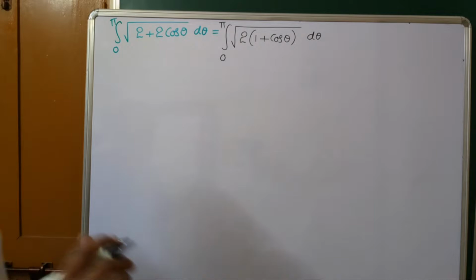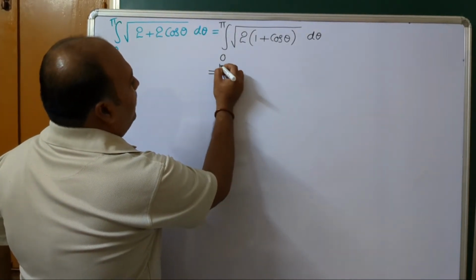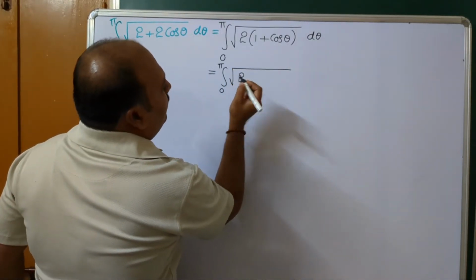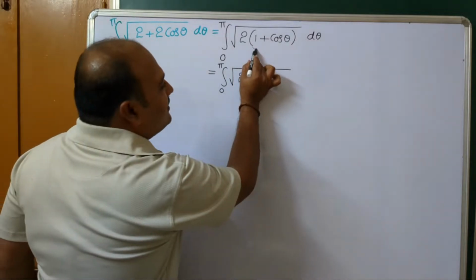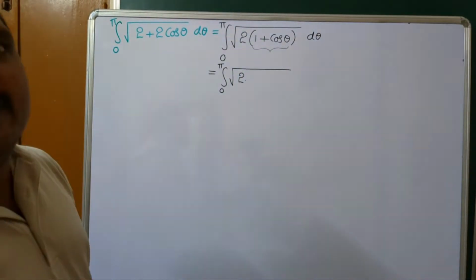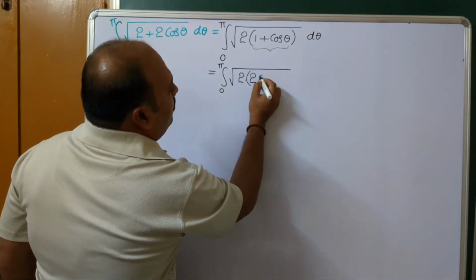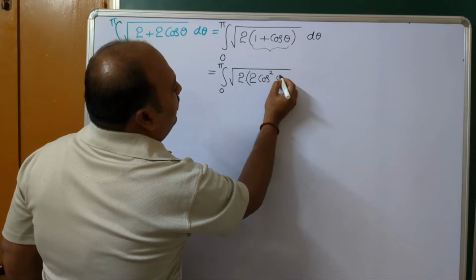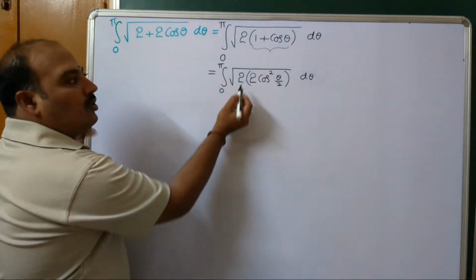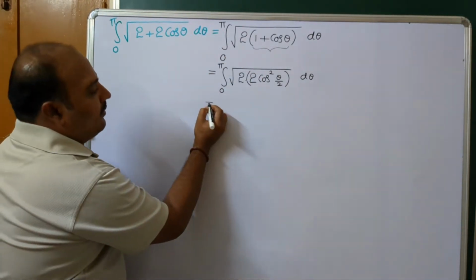Integral 0 to pi square root of 2 into 1 plus cos theta. The formula is 1 plus cos a equals 2 cos square a by 2, so 1 plus cos theta is 2 cos square theta by 2, into d theta. 2 twos are 4, and 4 we can take outside of the root, which becomes 2.